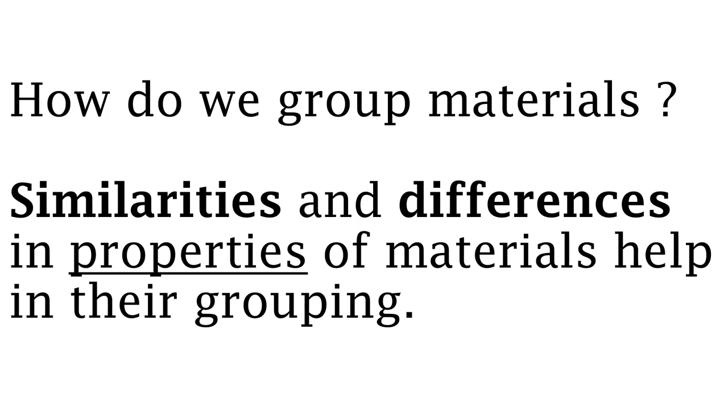We may check their hardness, their solubility, whether they are eatable, whether they are miscible. All these properties help us to differentiate and to categorize all the objects around us. Students, do not worry, we will be learning about some of these properties in detail.